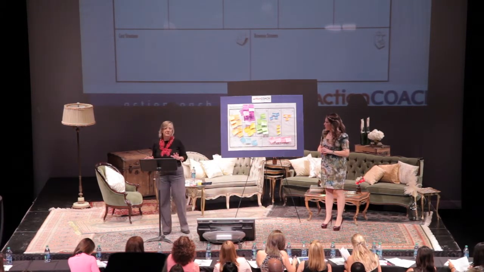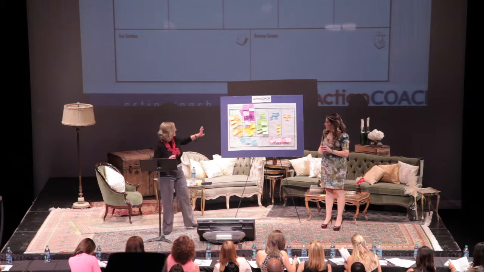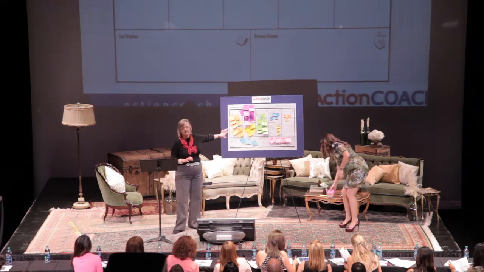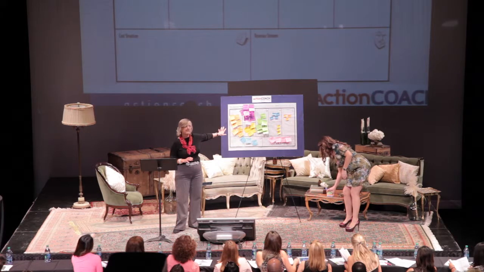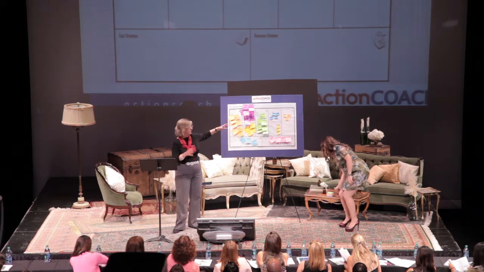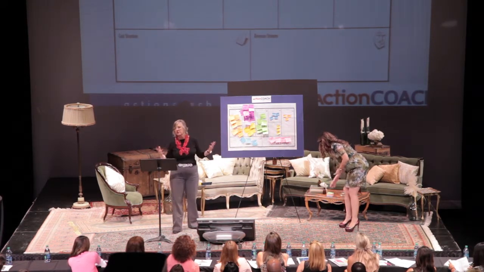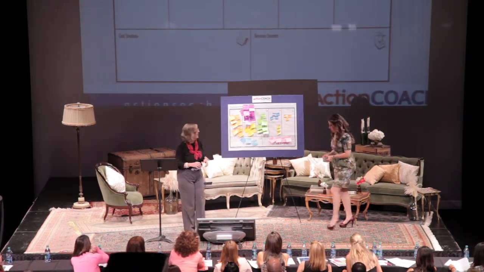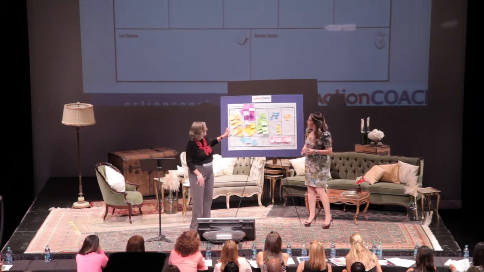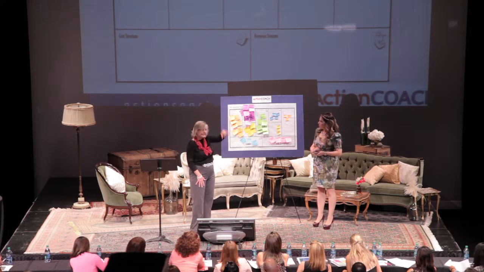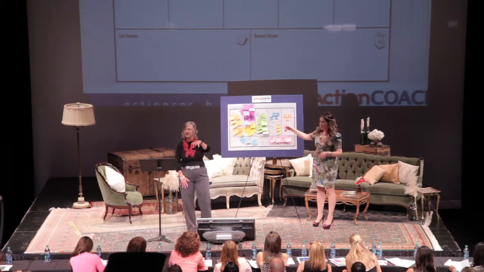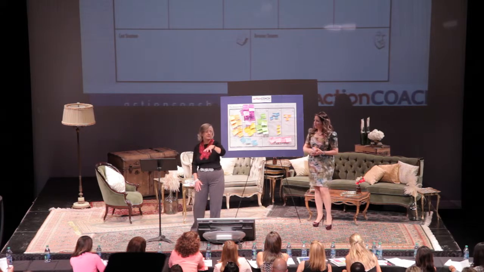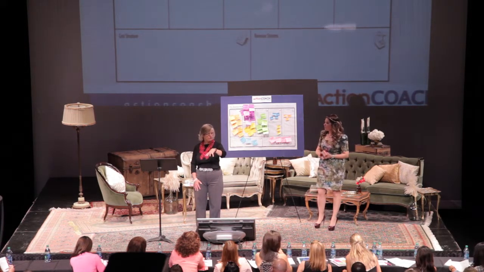And what I would suggest is that you get this. You can get it online if you go to the website. We've got smaller paper versions of it. If you come to our workshop, you can get this one and go through the process with us. The idea is to take your existing business model, because I promise you, you don't understand your existing business model as well as you think you do.